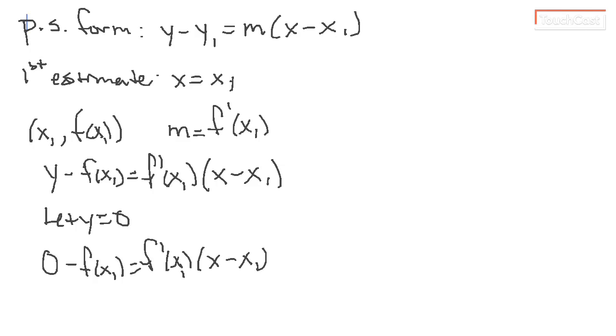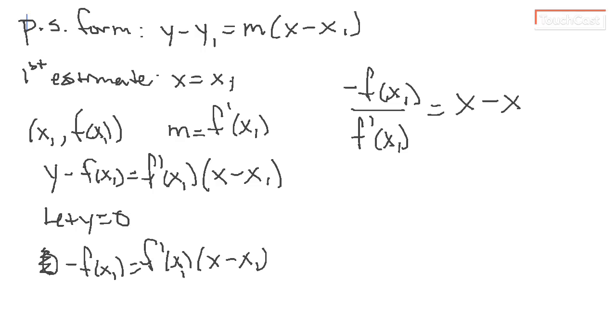Now, we want to solve this for x, so we're going to do a couple things. One, we can just ditch our 0. Next, we're going to divide by our derivative. So negative f of x1 divided by f prime of x1 is equal to x minus x1. We're solving this for x, so we're going to now add x1 to both sides.